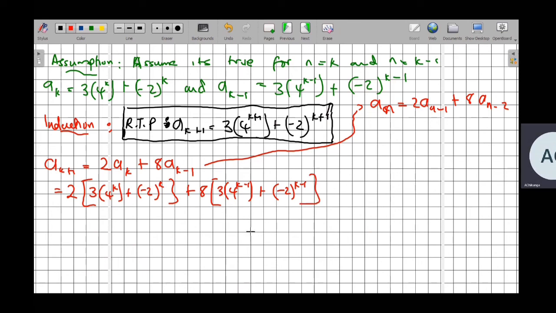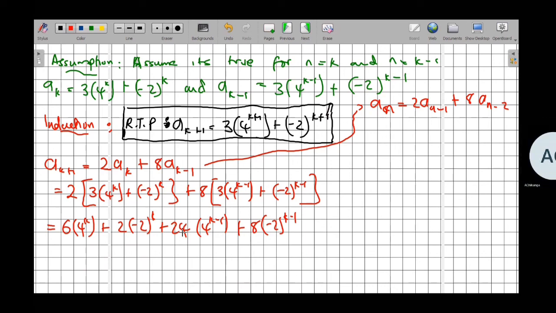So you are going to do whatever steps to try to get what is here in black color. If I expand this, the first thing to do is to get 6 times 4^k plus 2 times (-2)^k plus 24 times 4^(k-1) plus 8 times (-2)^(k-1). 8 times 3 is 24.